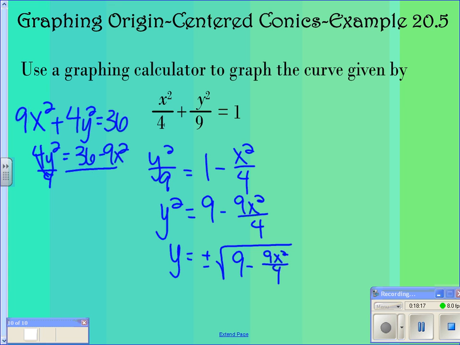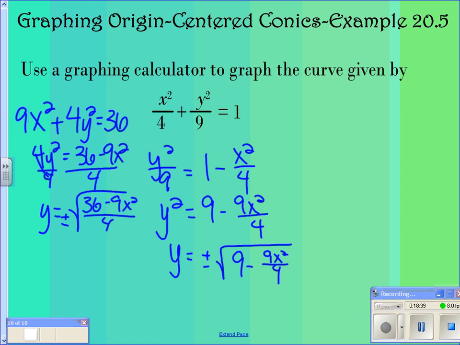Divide by 4, and then take the square root. Does that make sense? 36 divided by 4 is 9. 9 over 4, same thing, right? Do I care which one you have? Could you simplify this even further?